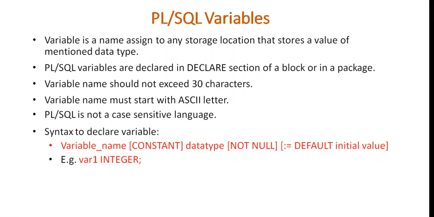Integer is a data type which is supported by SQL and also by PLSQL. In PLSQL scalar data types, we have seen number. The number data type is used to represent real numbers, floating point numbers, or integers, that is, fixed point numbers. So an integer is used to store only fixed point numbers.